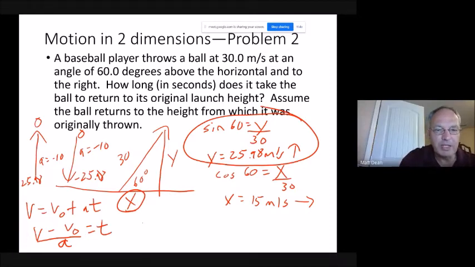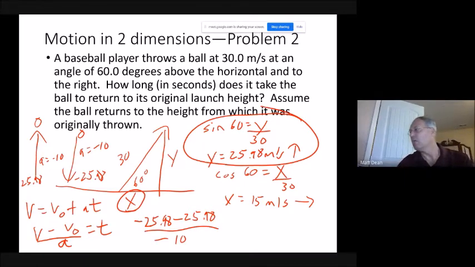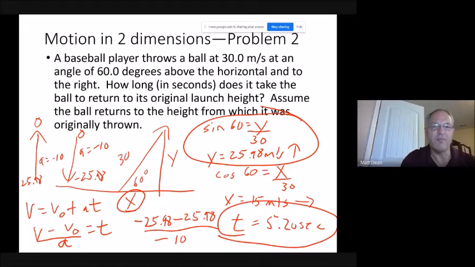Our final speed is going to be the speed that it hits the ground at, which is -25.98, minus our initial speed, which was positive 25.98, divided by our acceleration, which is -10. Solve that out, and we're going to end up with a time of 5.20 seconds. So that's the total time in the air, 5.20.